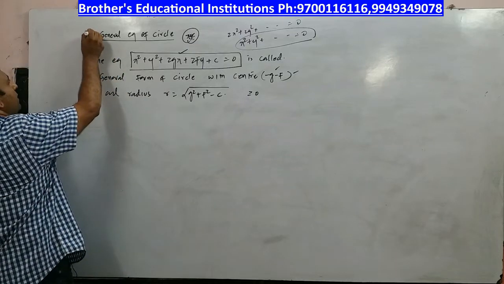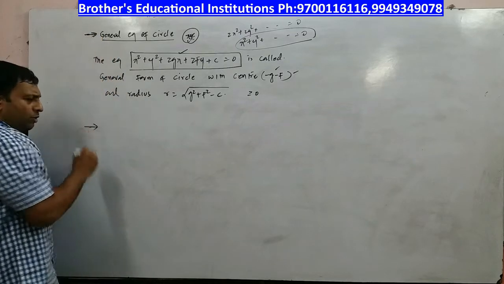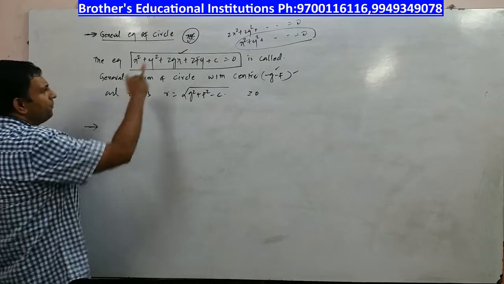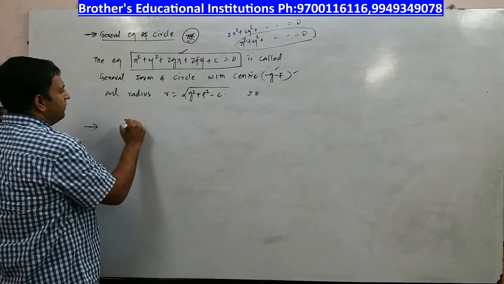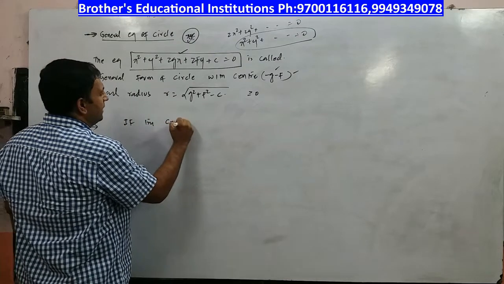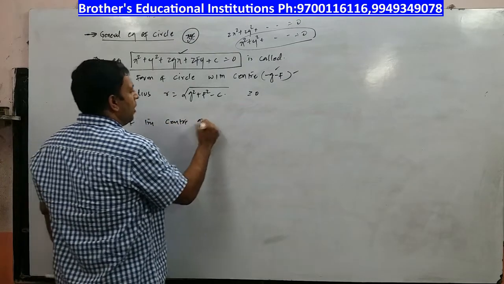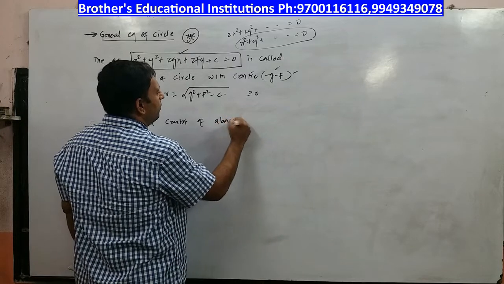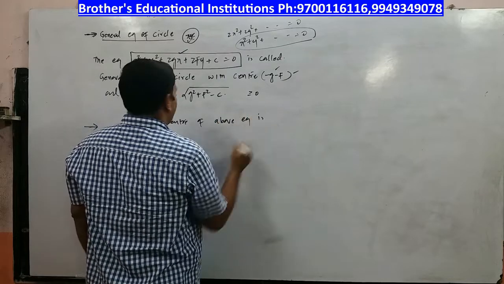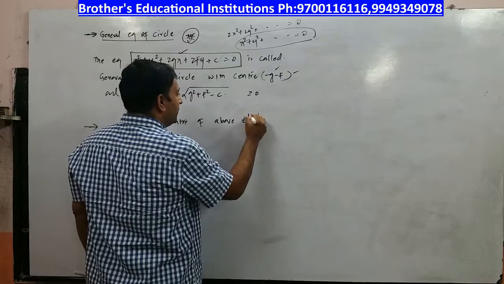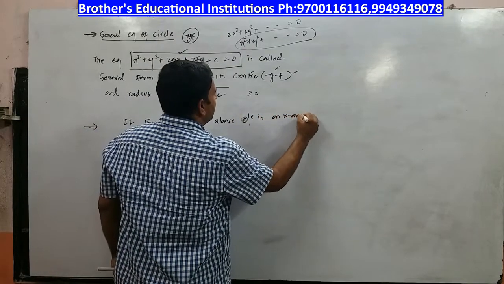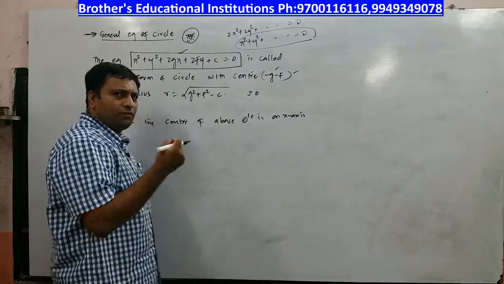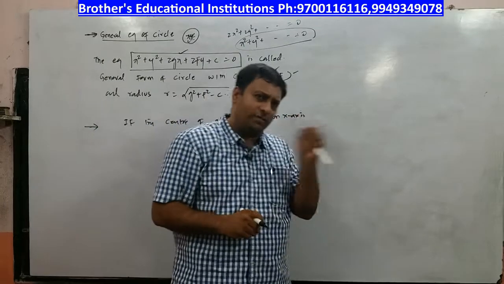Now let us try to understand one more important thing: if the center of the above circle is on x-axis, see children, any point on x-axis is of the form a comma 0, means y coordinate will be 0.